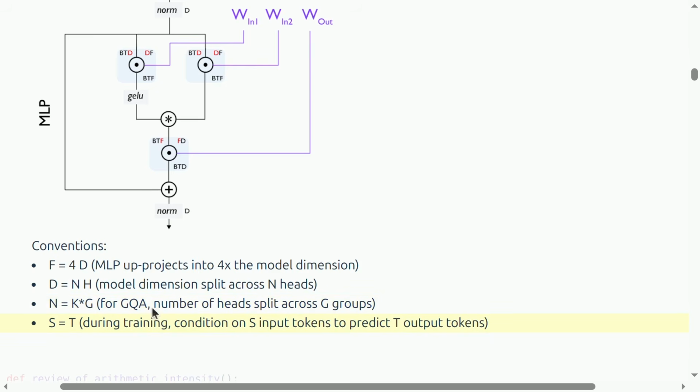And finally, we have 2 variables, s and t, which both represent the sequence dimension. The difference is that s represents the number of input tokens and t represents the number of output tokens. So at training time, these 2 are the same because we're predicting all the same inputs as outputs. At inference time, t is going to be 1 and s is going to be the input.